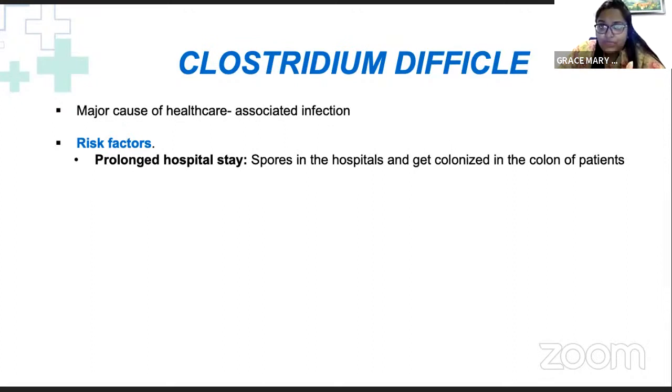Therefore, you need to use soap and water. If you're touching the file of a patient who had a Clostridium difficile infection, if you do not want to give it to another patient, always try not to contaminate yourself by unnecessarily touching anywhere near the patient. And before and after seeing the patient, hand rub will not help you for Clostridium difficile. You have to use soap and water.